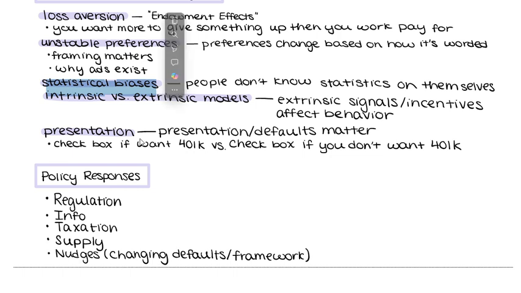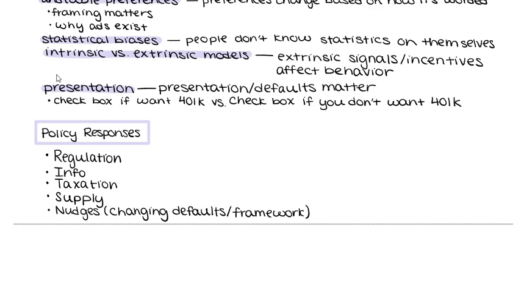And we have statistical biases. People don't know statistics about themselves. Intrinsic and extrinsic models: extrinsic signals and incentives affect behavior, and presentation and defaults matter, just like the example I mentioned.